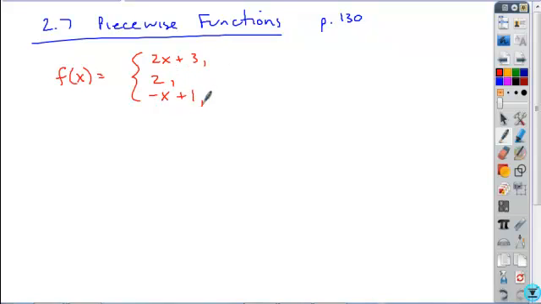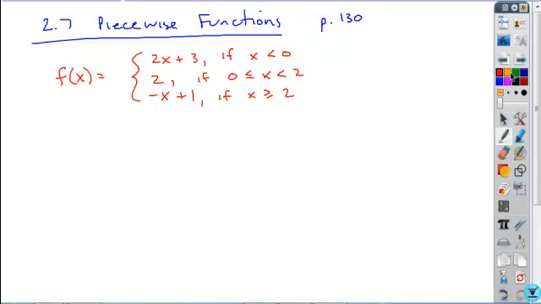Okay, so in this case, I'm giving you a piecewise function with 3 different possible expressions, depending on what values you choose. Okay, you're also going to get a domain interval that identifies when you're using specific expressions.